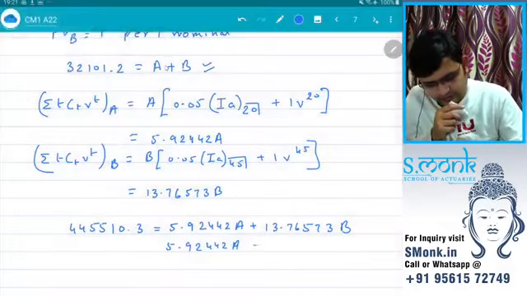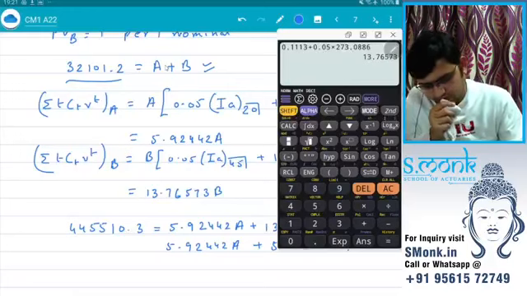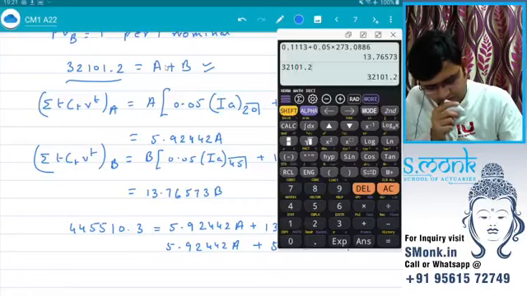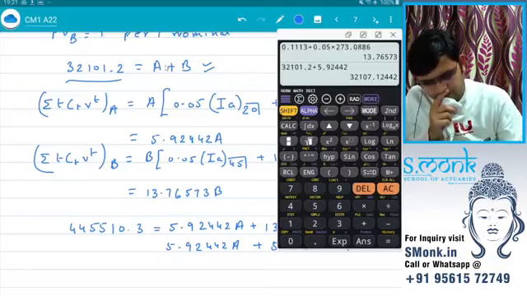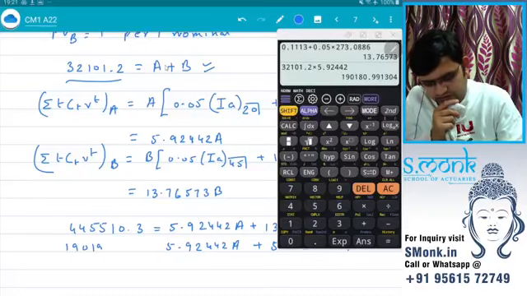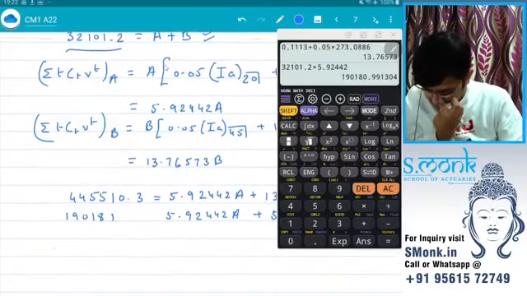Of course B will also be 5.9492442A. Not plus, I want to multiply. Or I'll just make it as 1. Subtract.